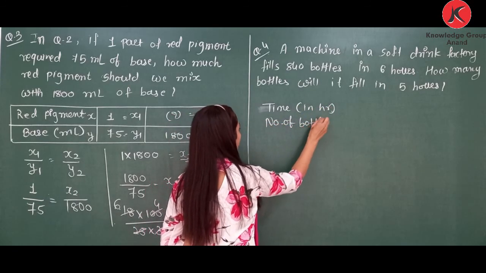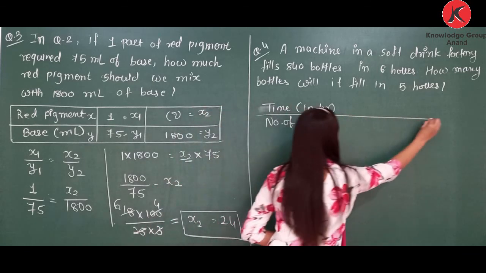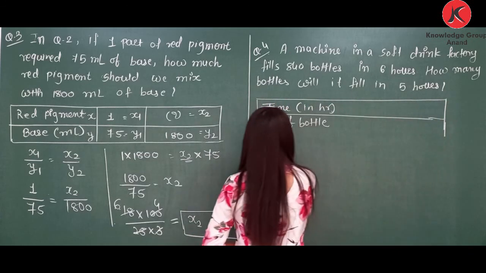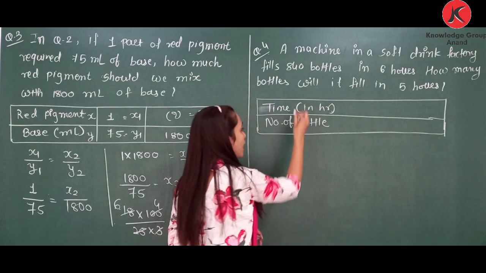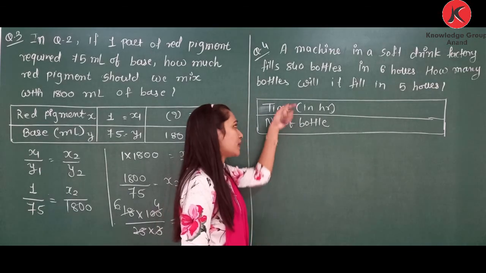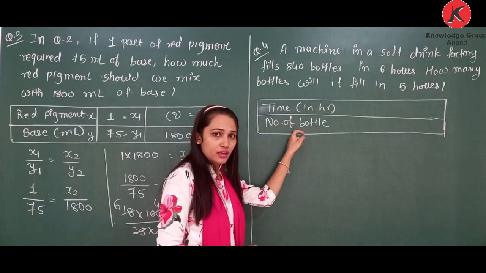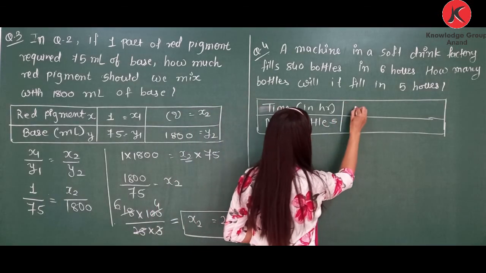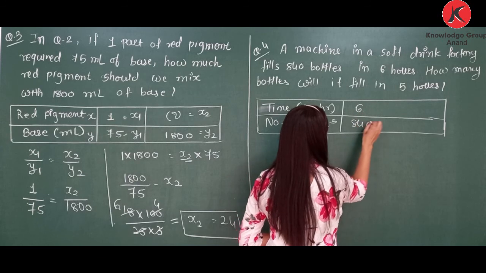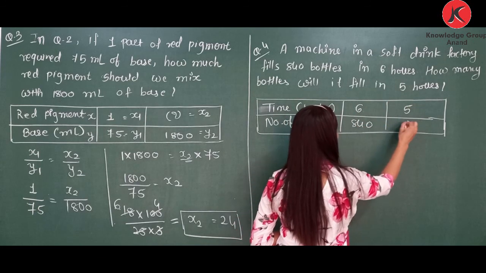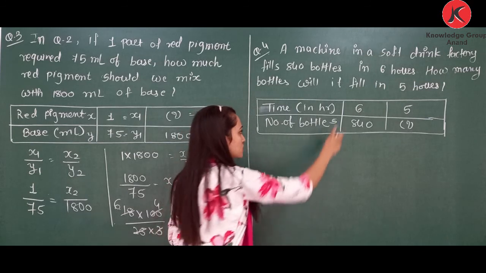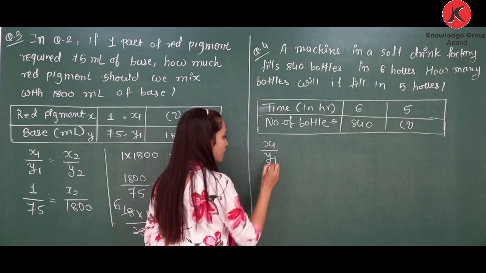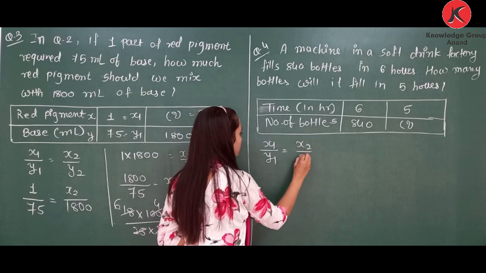Now you might have a confusion about what should be our value of x and what should be our value of y. Instead of time and number of bottles, you can take number of bottles and time as well. Then also it gives the same answer. So here time is 6 hours, bottles is 840. When time is 5 hours, what is the number of bottles? So this is our x1, y1, x2, y2. x1 divided by y1 is equal to x2 divided by y2.